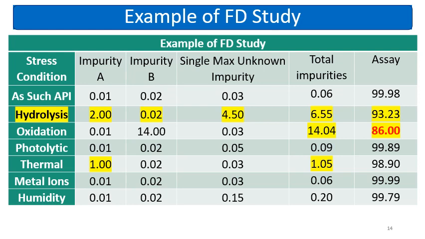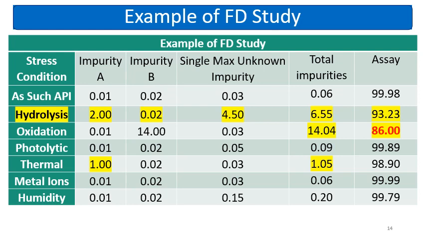Then oxidation, I have considered total impurities of 14%, and this impurity generation is due to increase in the impurity B. Then I have considered thermal degradation with 1% for impurity A. So this is a hypothetical example. Like this, the degradation study results are shown in the table by the applicant, and mass balance is given.